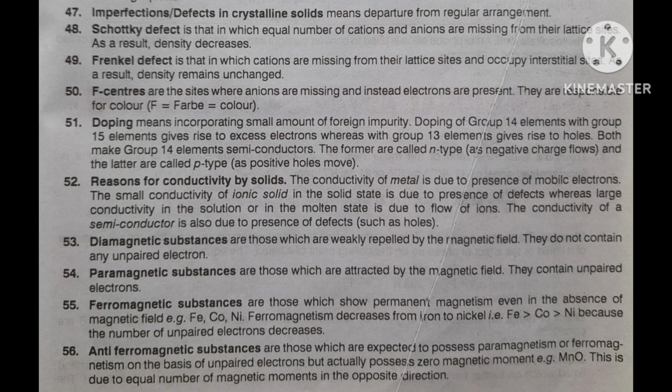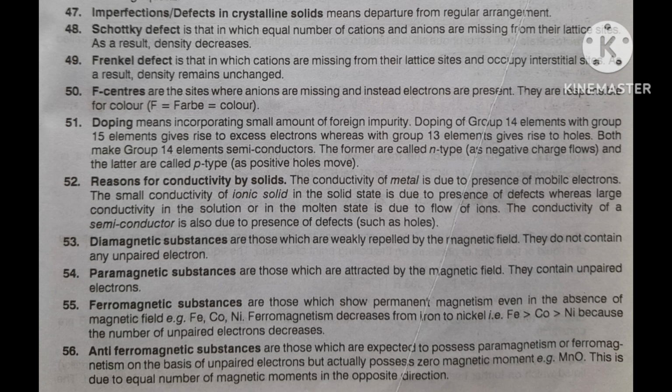Hole means positive and electron means negative. Hence in the first case, it will create negative charge. In the second case, when group 13 is mixed, holes are formed, meaning positive charge. And from group 15, it will create negative charge, meaning electrons will be there.